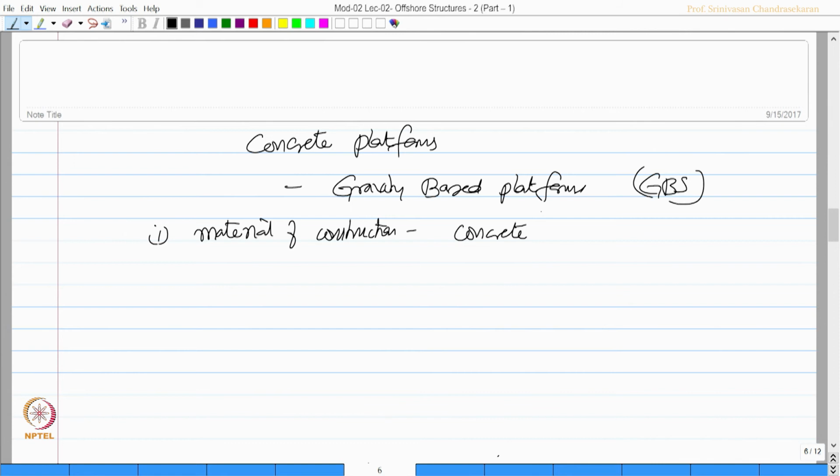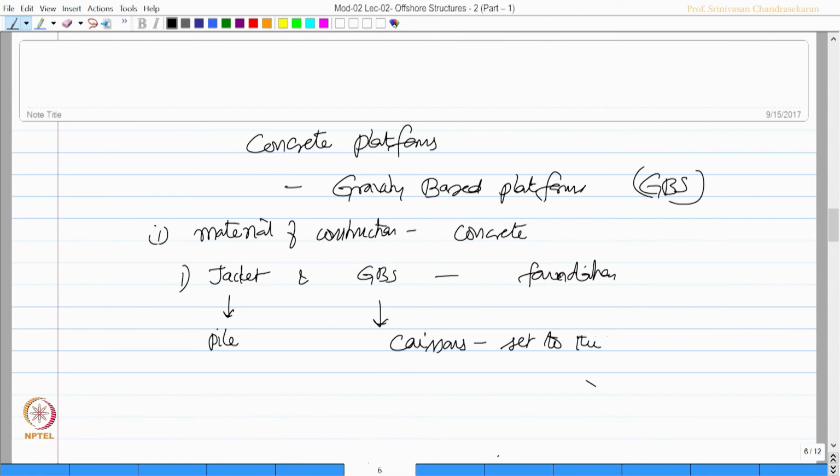The basic difference between the jacket platform and the GBS arises from the foundation. In the earlier case, this is the pile foundation, whereas in this case it is a series of caissons being constructed, which will be set to the ground and rest on the seabed by their self weight.